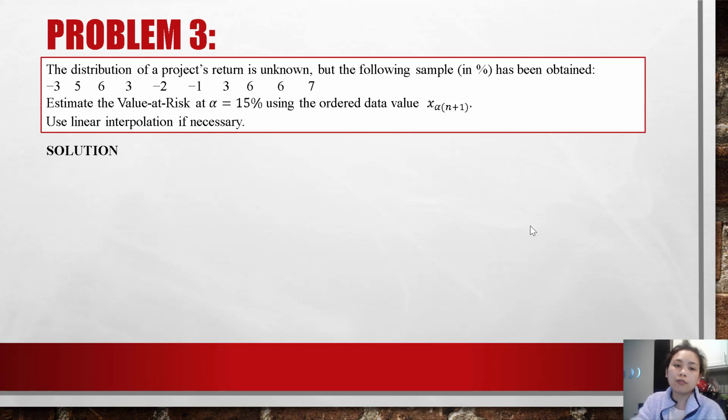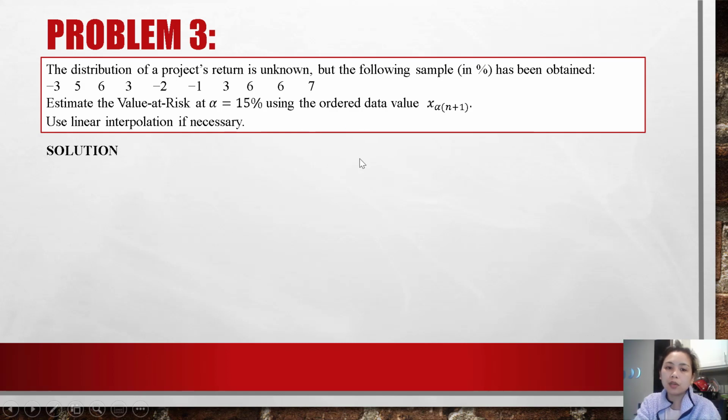Alright, so again, the value at risk at alpha equal to 15% should be the value of the project return that separates the lowest 15% from the highest 85% of the data set. So this is a problem where we work with ordered data sets.